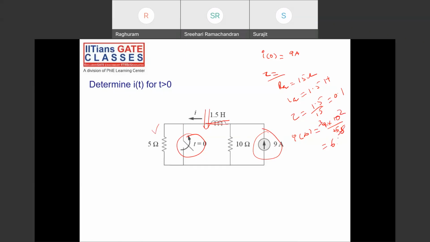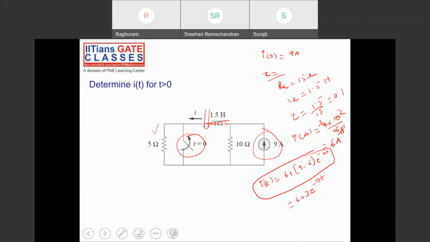It is 6 amperes. So I of t is equal to 6 plus 9 minus 6 e power minus 10t, or 6 plus 3 e power minus 10t. Okay.